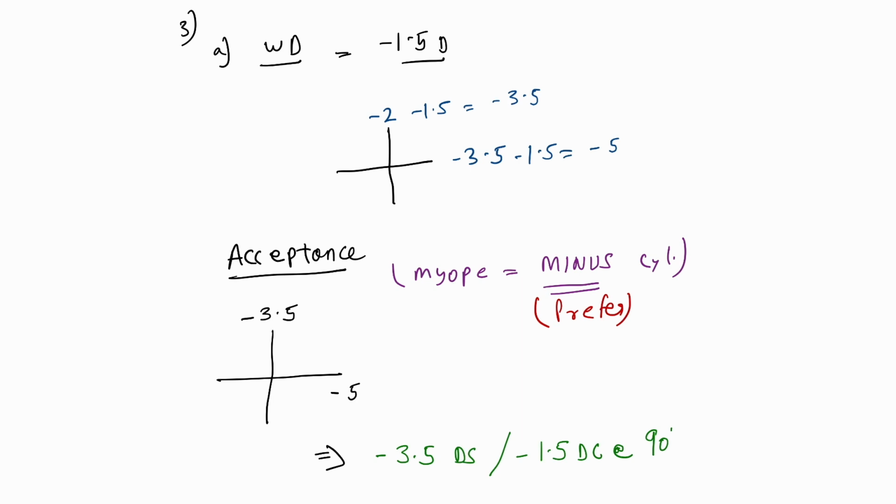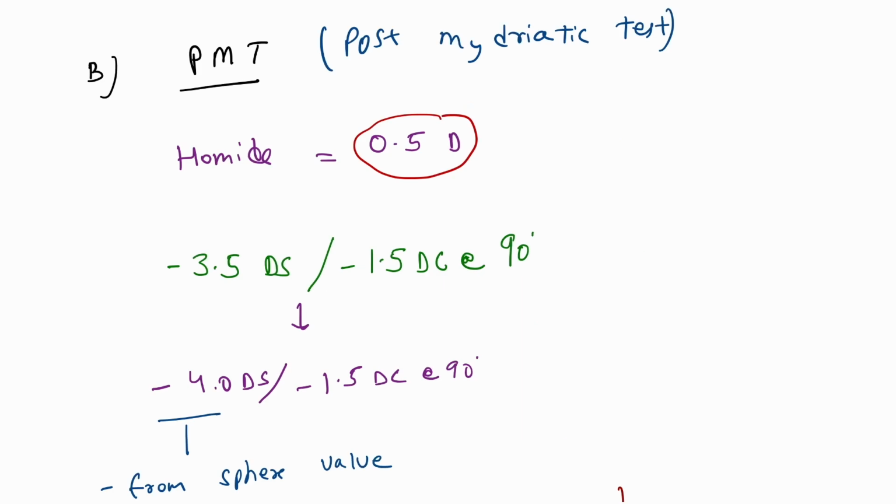How do we reach this minus 1.5? If we have chosen vertical 3.5 sphere, we place it here as minus 3.5, and minus 1.5 comes from minus 5 minus minus 3.5, so it comes out to be 1.5. Next question is, what is the PMT prescription for this patient? With home atropine, we need to correct 0.5 diopter, subtracted from the sphere only.